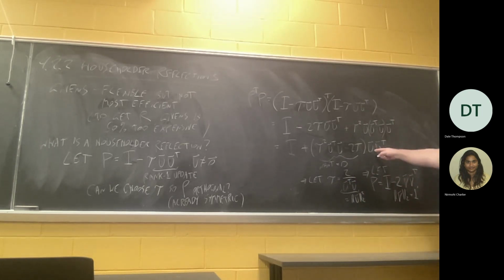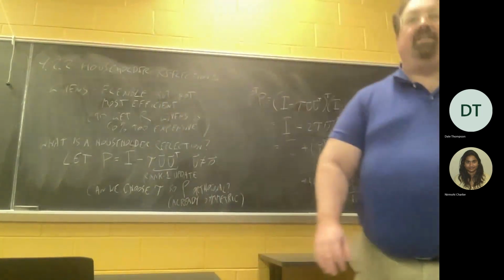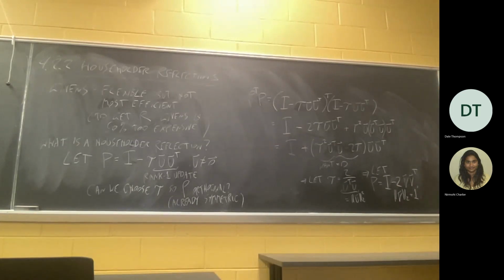So having UU transpose over U transpose U, that's the same as V V transpose, where V is the normalization of U. So I'll just write it this way, with the assumption that V is a unit vector.